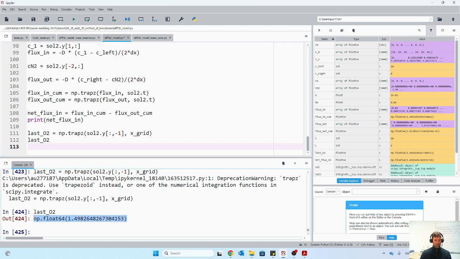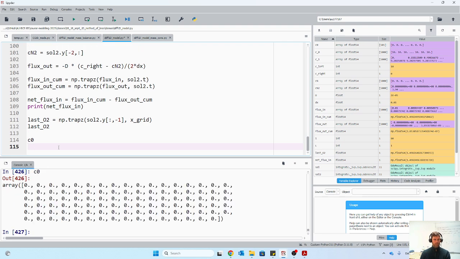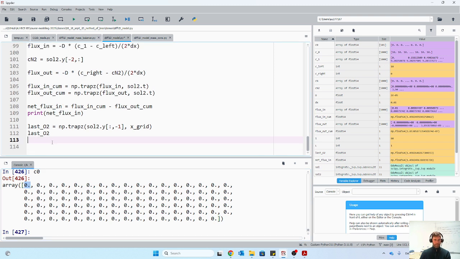So here we see it gives almost the same as the net flux in. I can print it here. So there's a difference on the fifth decimal here. And here we don't have to subtract the initial condition because there was nothing to start with here. It was 0 up here. So that's okay. So this is how you verify that mass is conserved in your model.